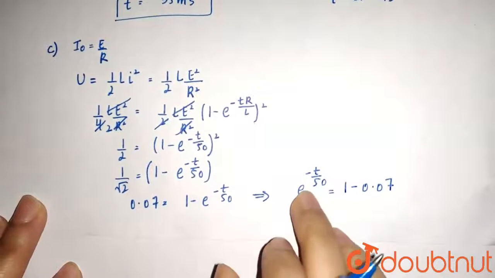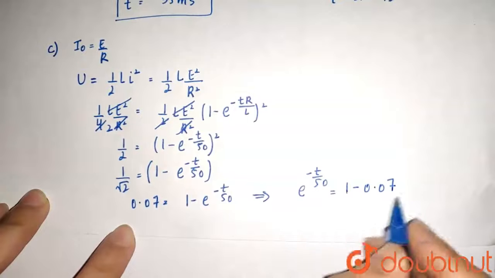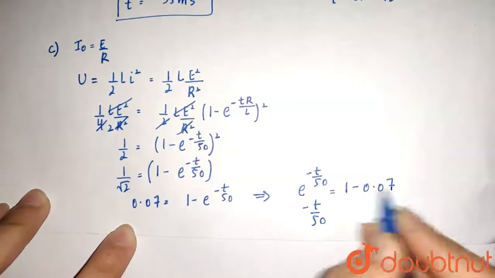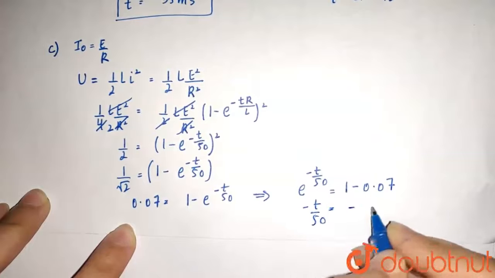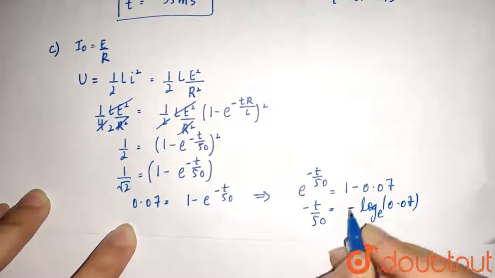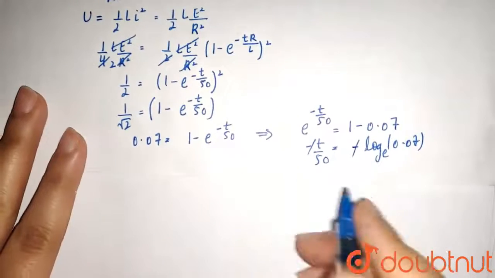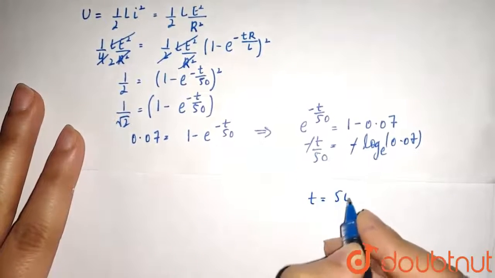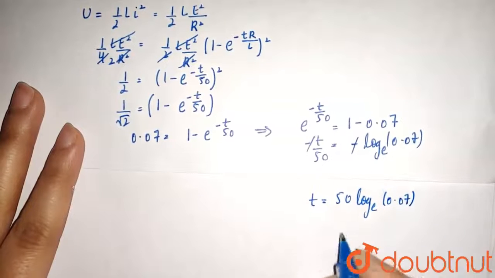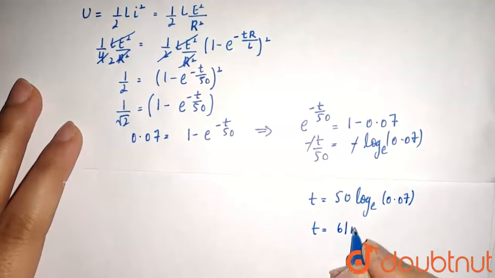Then we write a log of 1, so minus t by 50 is equal to log of 1 minus log of 0.07 to the base e. We eventually reach this result, t is equal to 50 into log to the base e of 0.07, and then we get the value 61 milliseconds.